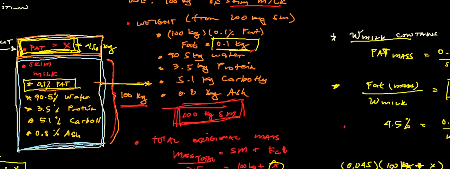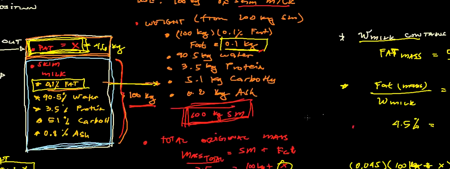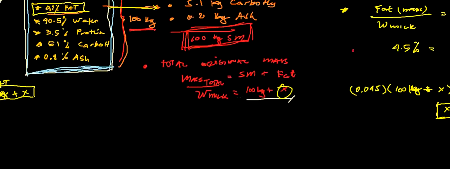Since we've already determined the value of our fat, we can now determine the original mass. So we have 100 kilogram plus x, which is 4.6 kilogram, so all in all, we have 104.6 kilogram.